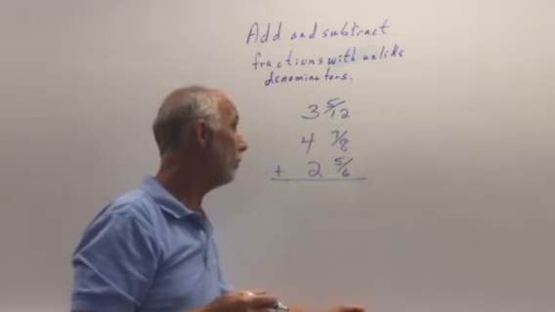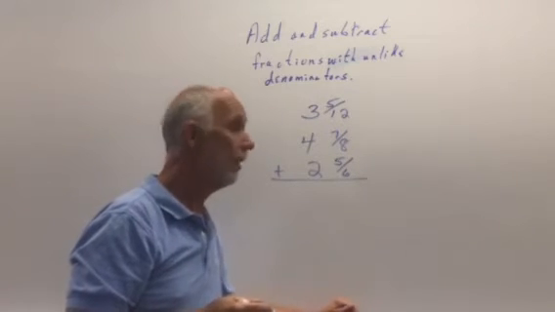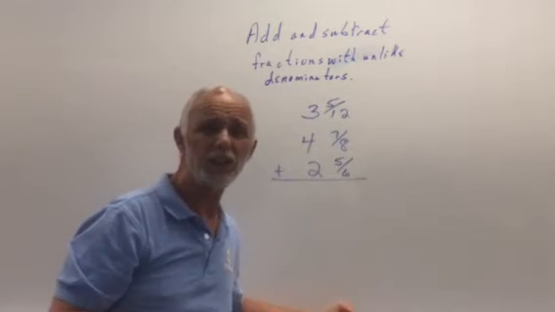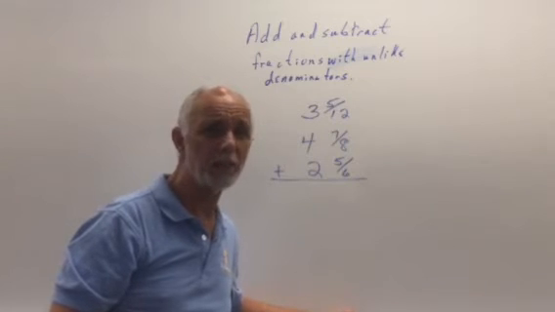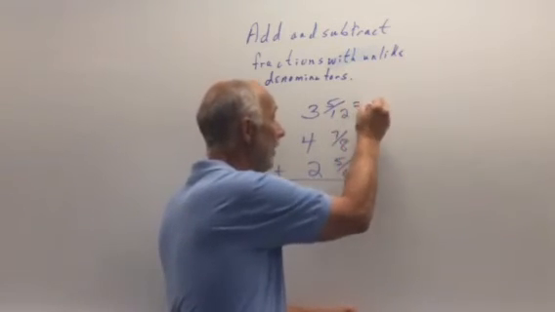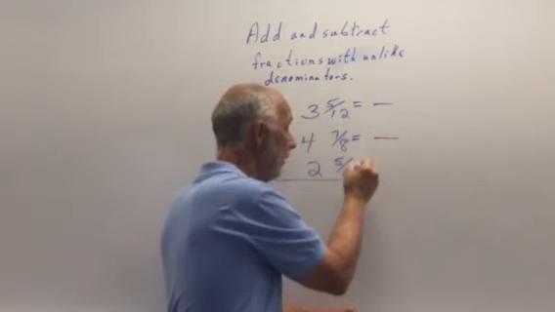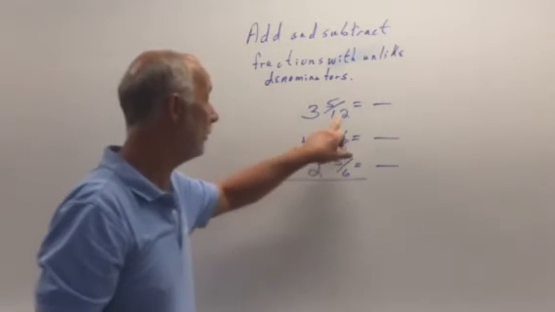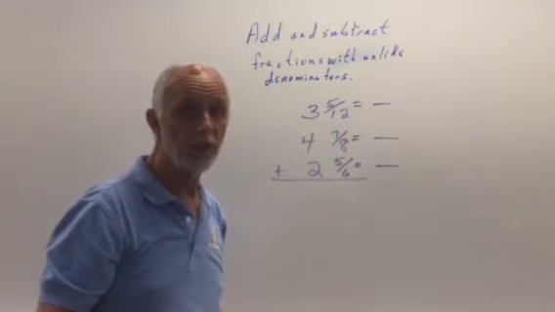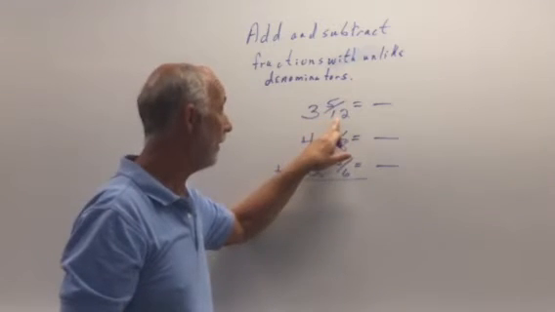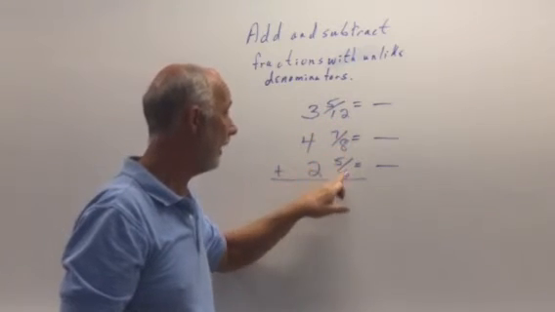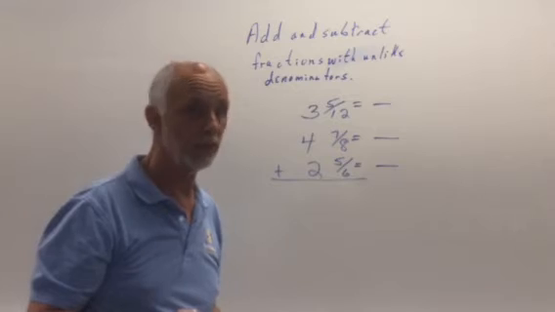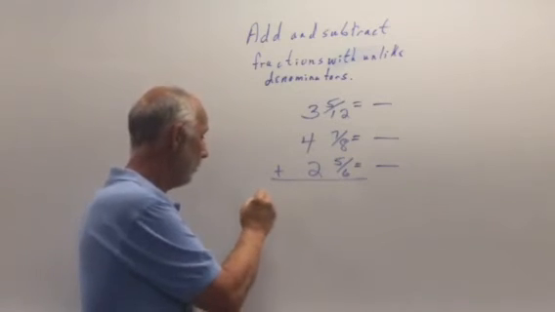And I don't want to multiply 8 times 12 times 6 because that is in the hundreds, and I don't want to work with a denominator that big. So to find the least common denominator, you take the biggest denominator, which in this case is 12, and list the 12 times table until you find something that 8 and 6 both go into evenly. 12 times 1 is 12.